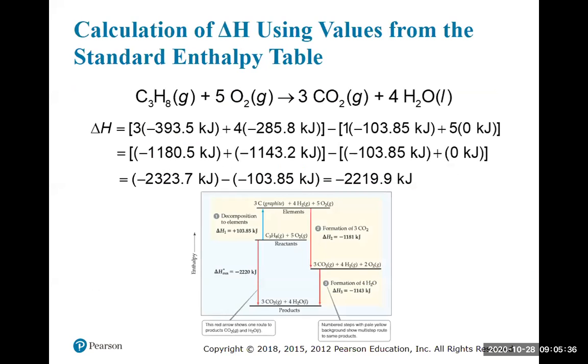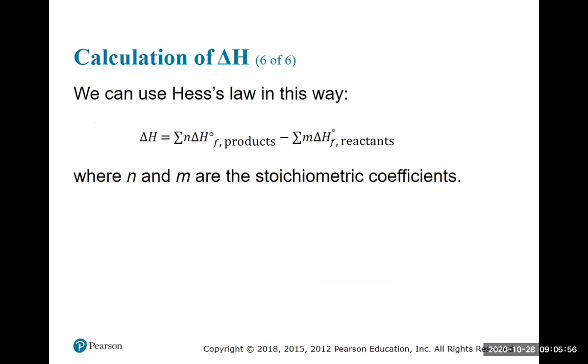So if we go up and look at the table to see what those formation constants were for each of those compounds, then we'd be able to fill it in. So remember, we have products minus reactants.